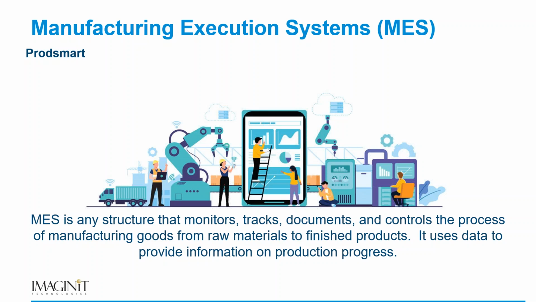So an MES is really any structure that monitors, tracks, documents, and controls processes. You might be doing this in Excel. Your process might be paper-based. A paper-based MES is a thing, right? This is a digital MES though, and it allows you to tie into your Fusion 360 documents. It allows you to have on-time, accurate reporting for when things are actually happening because people are punching the clock when they do these activities.